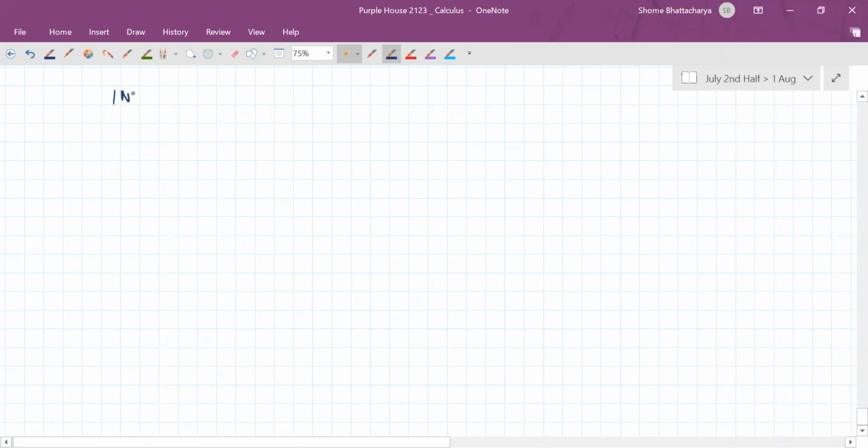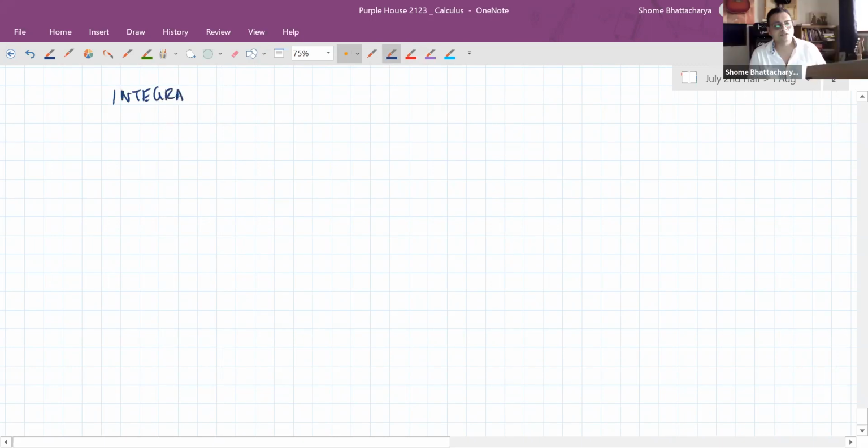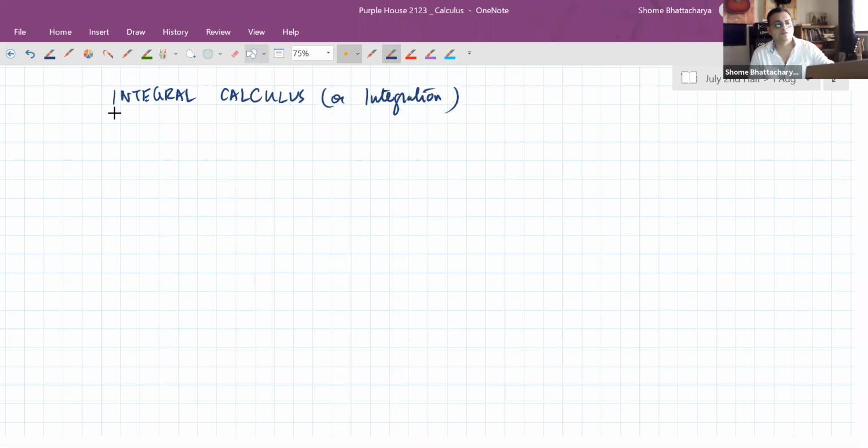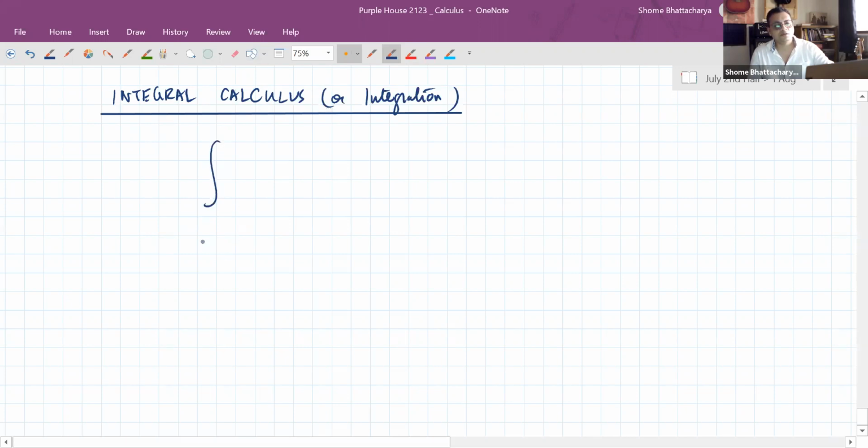So integral calculus or integration is the next operation that we'll study. This particular symbol is the symbol used for integration, just like this particular symbol was the symbol for differentiation.